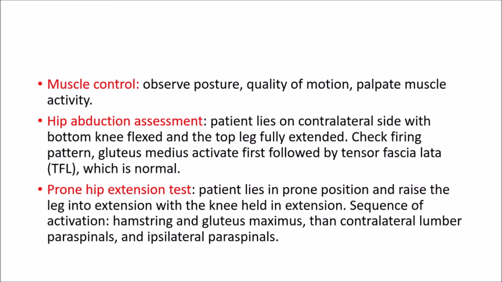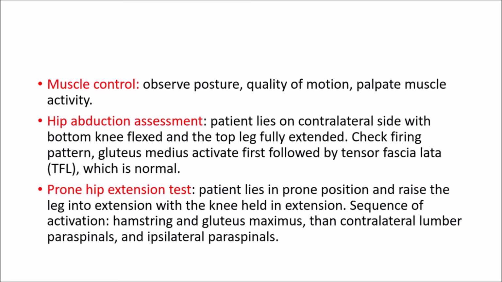Next is the prone hip extension test. In the prone hip extension test, the patient lies in the prone position and attempts to raise the leg into extension with the knee held in extension as well. The sequence is that the hamstring and the gluteus maximus fire first, followed by the contralateral lumbar paraspinalis and then the ipsilateral paraspinalis muscle.